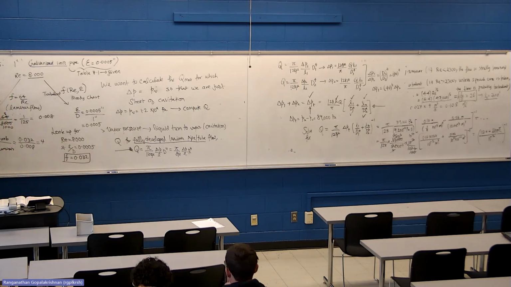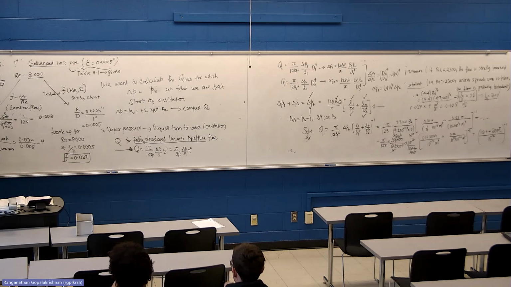See, F divided by Re times L divided by D. So delta P for turbulent would be F turbulent, and delta P for the laminar will be F laminar, keeping everything else the same, for the same pipe, for the same Reynolds number.